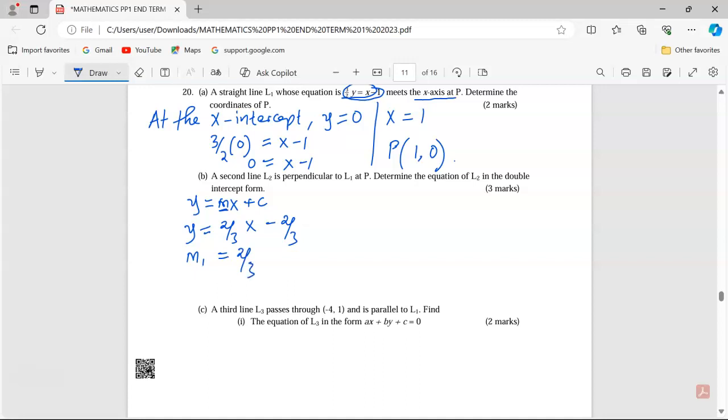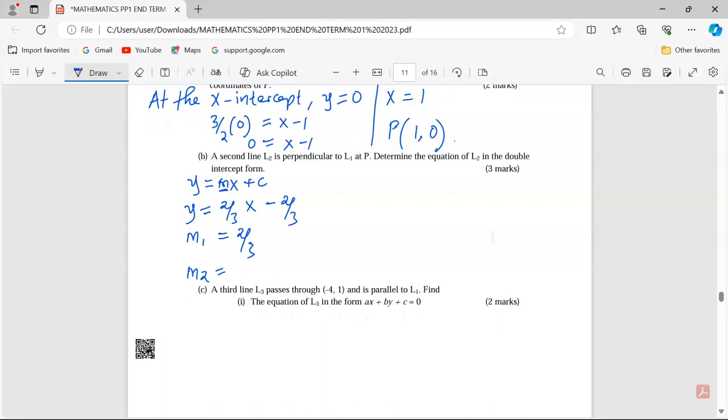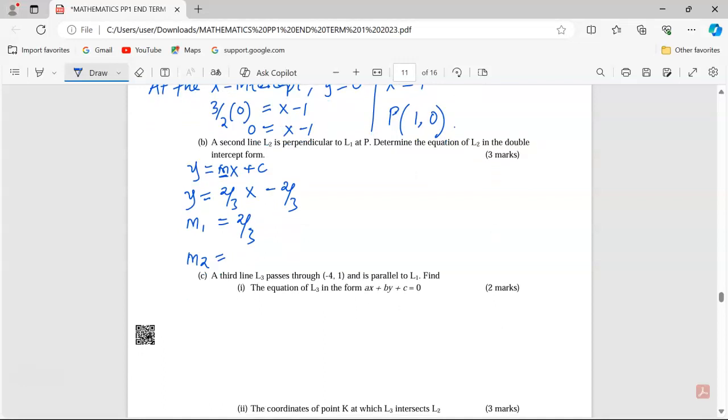Now we are talking of another line, L2, which is perpendicular to L1. If gradient 1 is 2/3 and there is another line perpendicular to this one, their gradients should have a product of -1. So we should find a gradient 2 such that when gradient 1 and gradient 2 are multiplied, they give us -1.